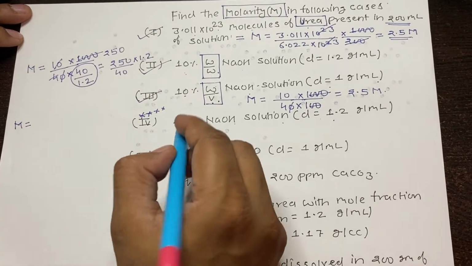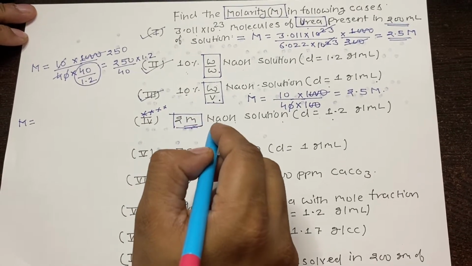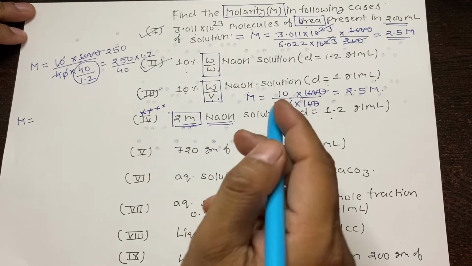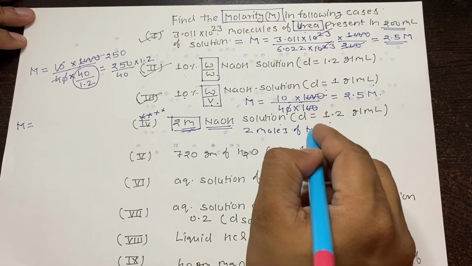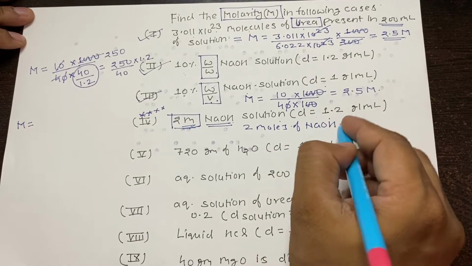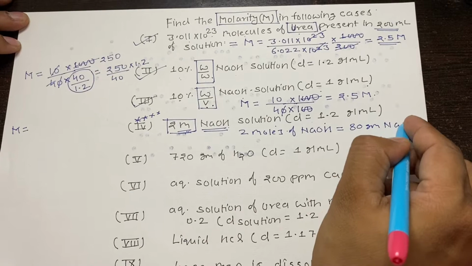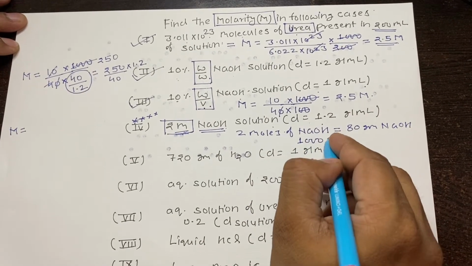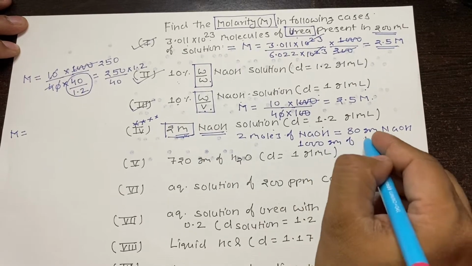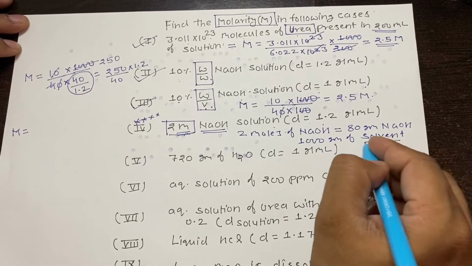First we should decode what is meant by 2 m NaOH solution, which means 2 moles of NaOH, which is 80 gram of NaOH, present in 1000 gram of solvent.